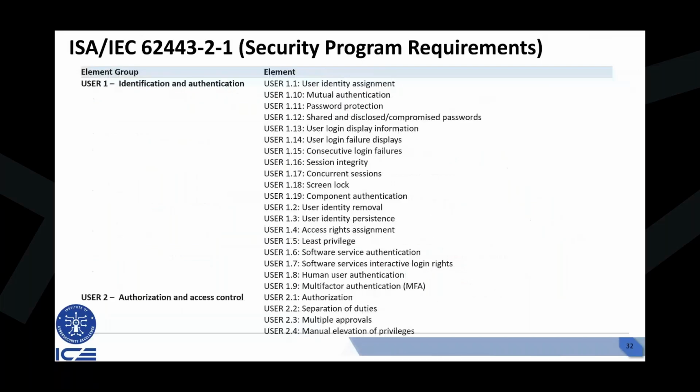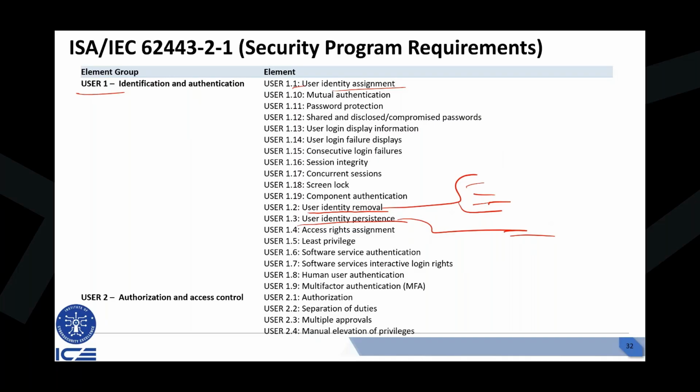So User 1.1 is user identity and assignment, and then, I didn't sort it correctly, 1.2 would be user identity removal. There's a complete requirement on how this should be done. User identity persistence, how this should be done. So for each of these elements, there's a detailed requirement associated with it that you need to comply with if you want to implement the complete security program.